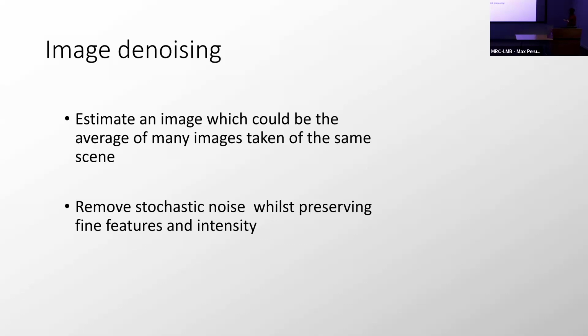And so what we want to do is to remove the stochastic noise while preserving the fine features and the intensity. So we basically want to estimate this ideal image, which would have been taken, for example, with a long exposure time or in better conditions.